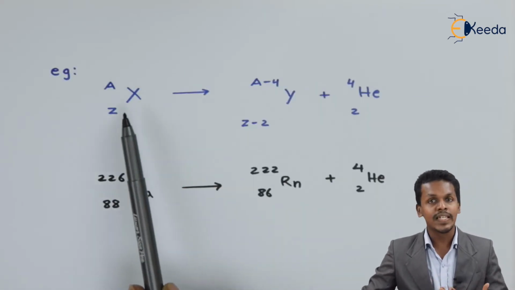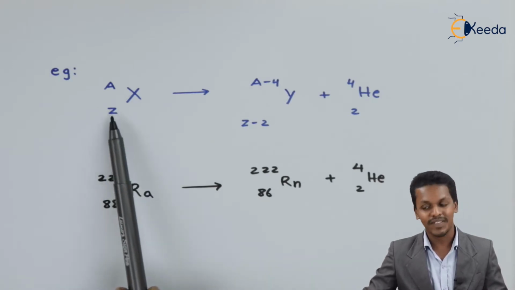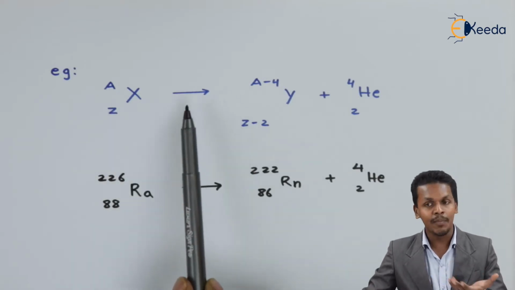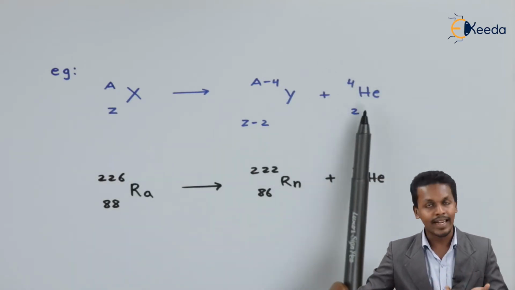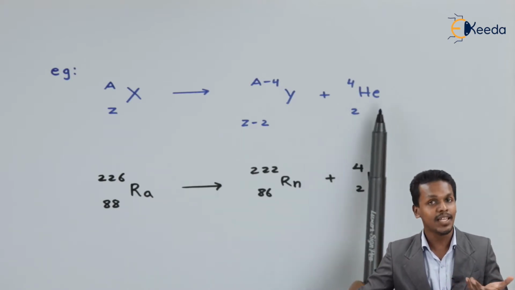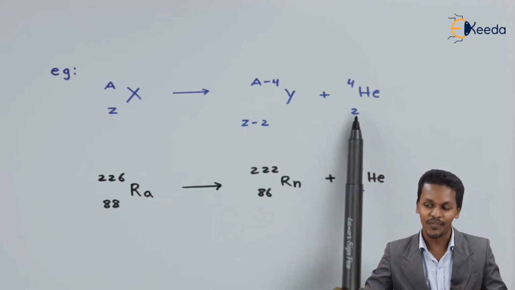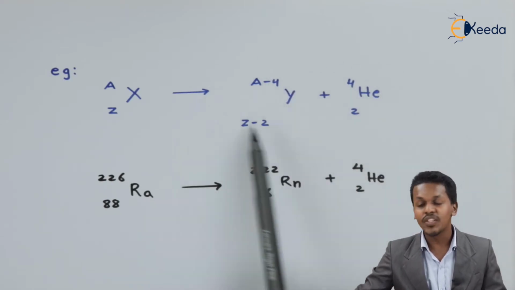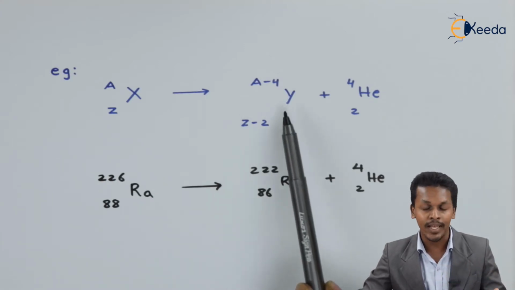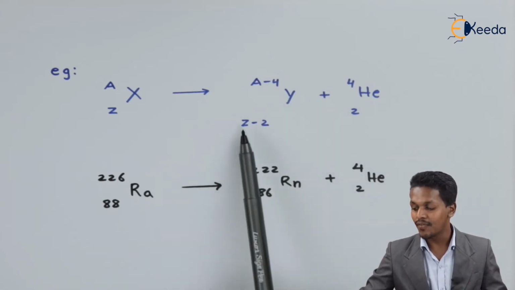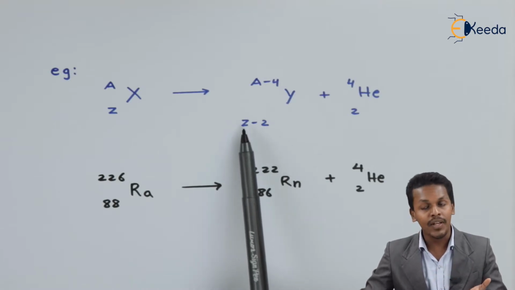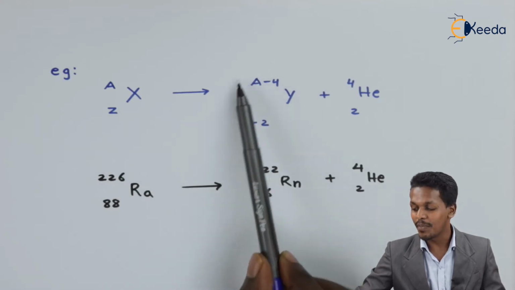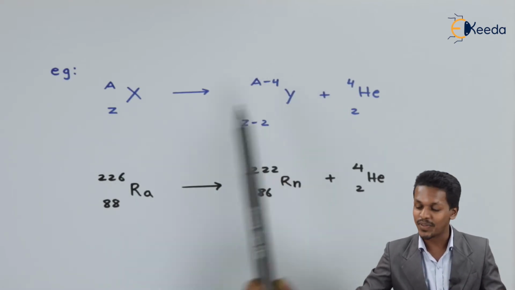Suppose we have considered the element X which has an atomic number of Z and atomic mass of A. After the emission of the alpha particle, which resembles helium, having atomic number 2 and atomic mass 4, the product that is formed, known as the daughter nucleus, will have an atomic number less by 2 compared to the previous one, and an atomic mass less by 4 compared to the previous one.